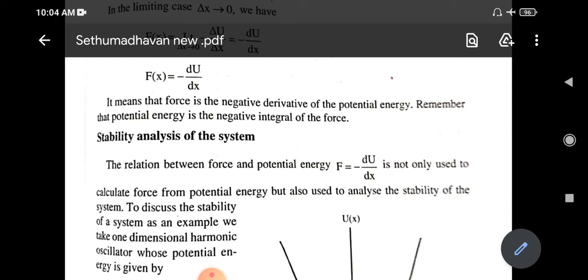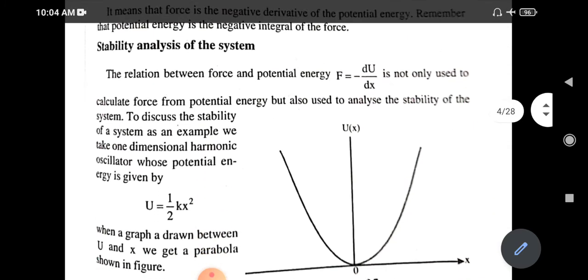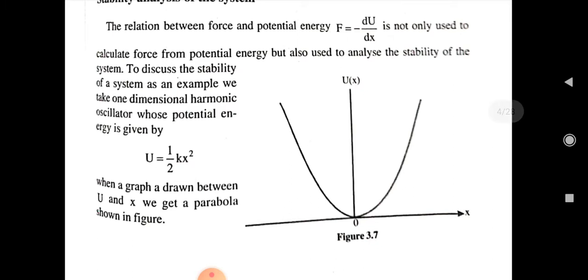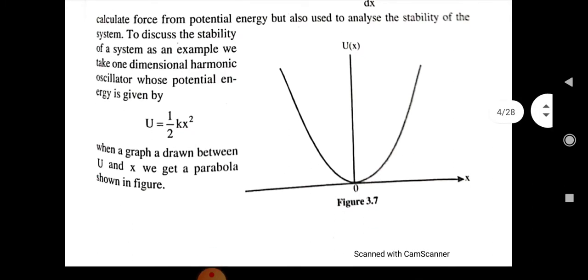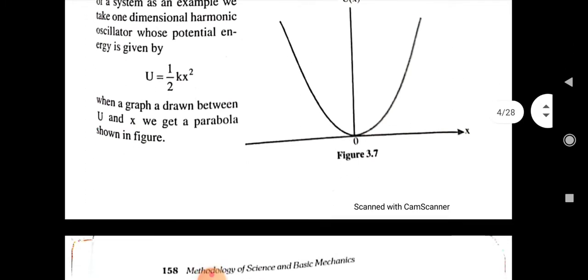For this we consider a relation, potential energy with the force relation F is equal to minus du by dx, and we draw a graph connecting potential energy u with x, and we get a parabola as shown in the figure.